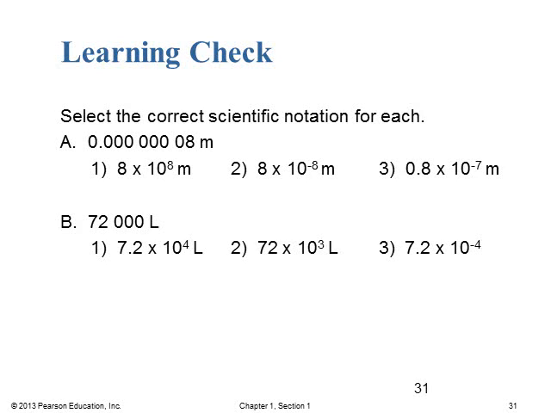In question B, we have 72,000 liters. Here, again, we can look first at our different exponents, and we see that choices 1 and 2 have positive exponents, and choice 3 has a negative exponent. We have a larger number, a number that is greater than 1, so we should have a positive exponent.